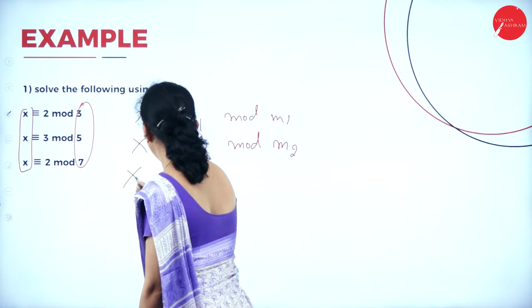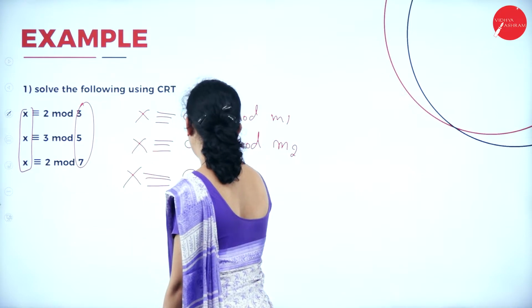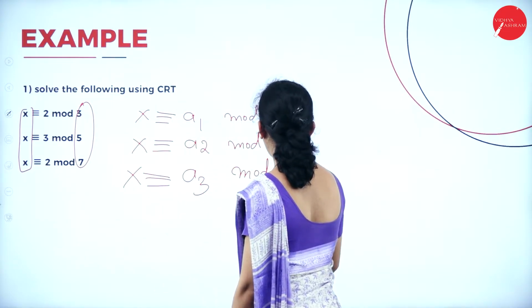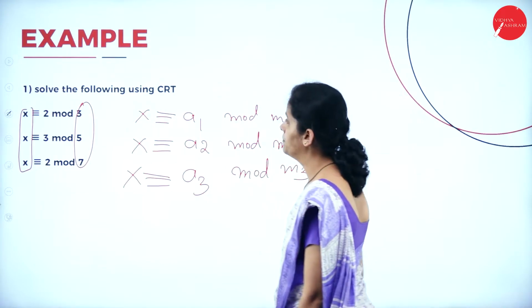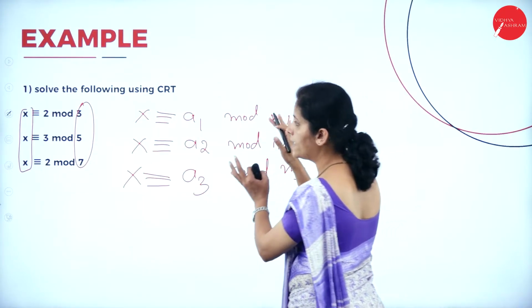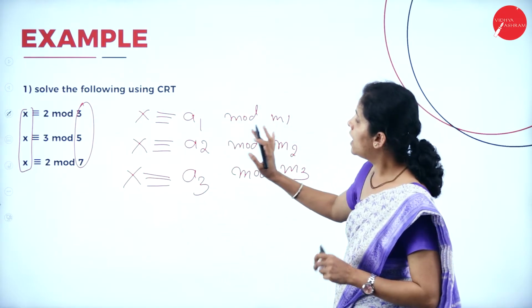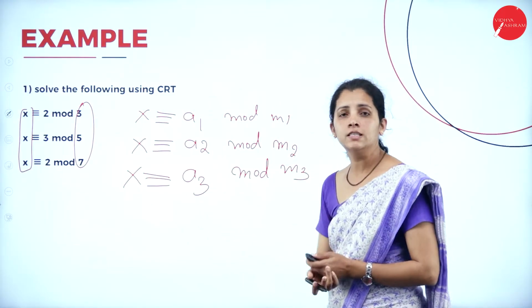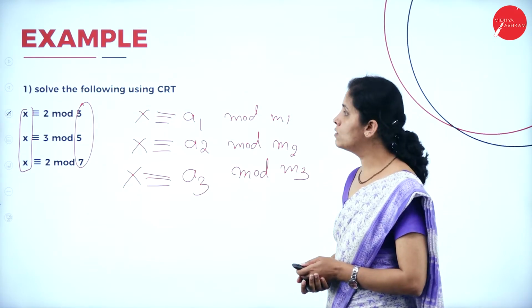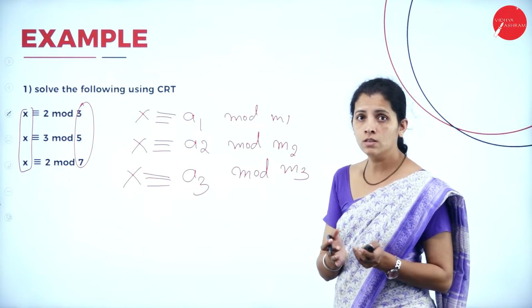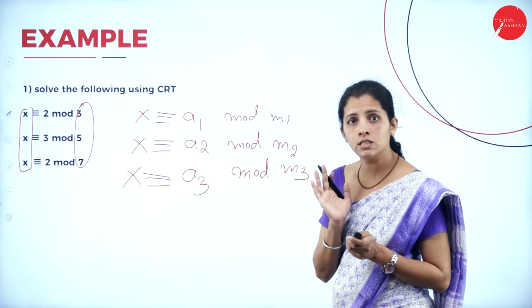And x congruent to A3 mod M3. So, this is the equation for this problem. Okay. Now, I want to solve this problem. How can I solve? So, dear student, please take a pen and notes. Please write down the steps.